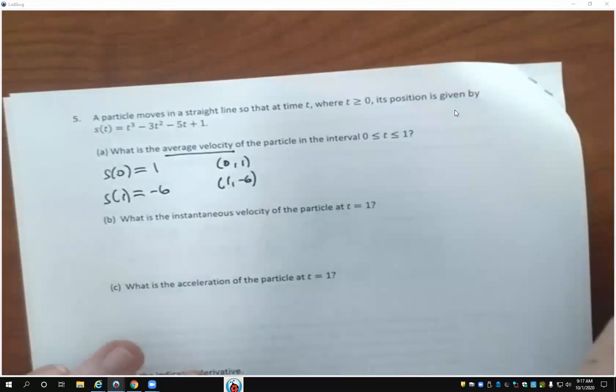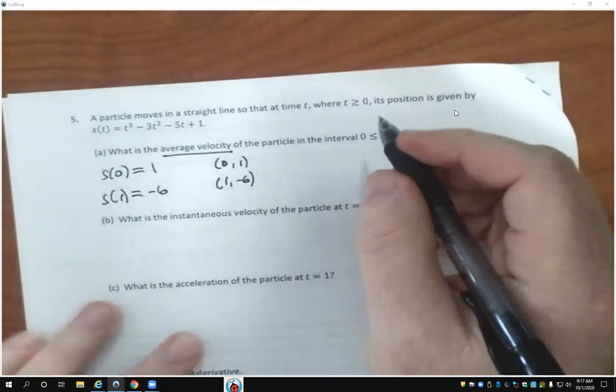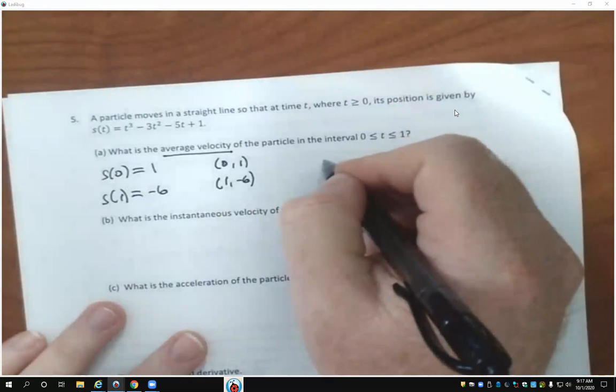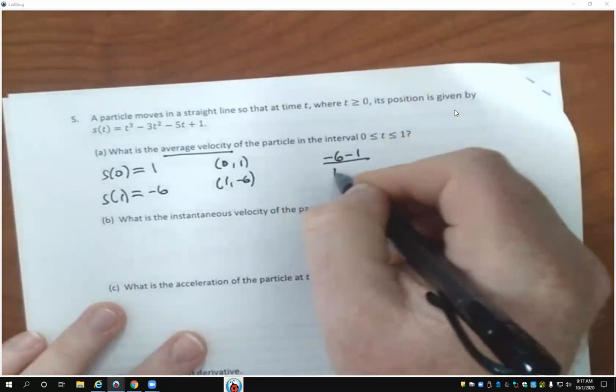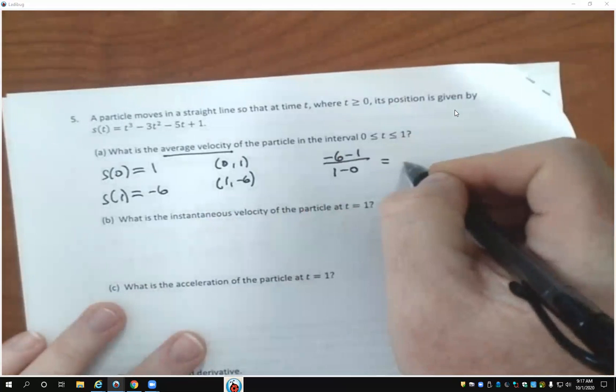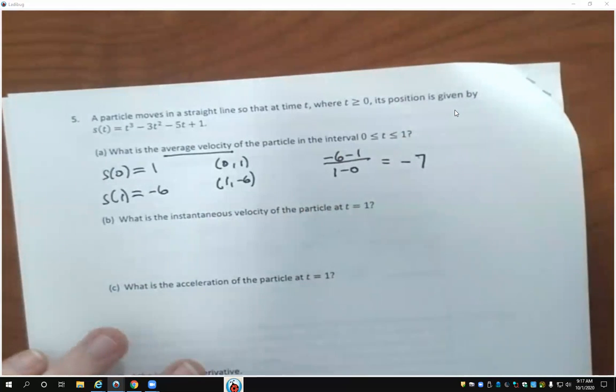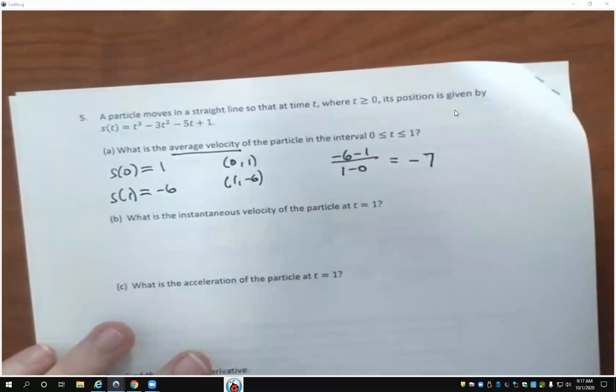Now you find the slope: negative 6 minus 1 over 1 minus 0, or negative 7. The key is recognizing phrases.